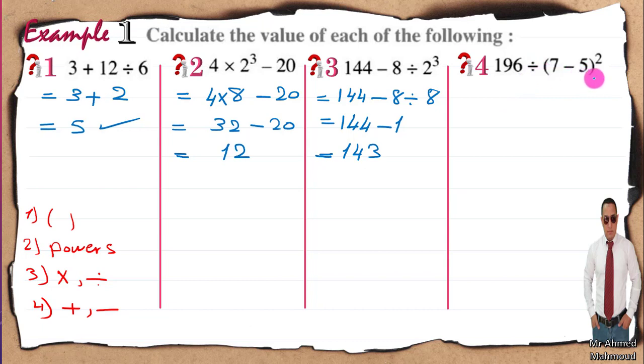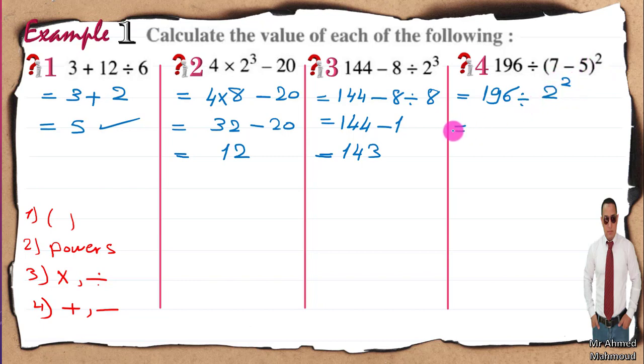Number 4. Here we have divided, I have brackets, power, and minus. First step, I'm going to evaluate the brackets. Then power, then times, divided, plus, minus. So I have 196 divided by 7 minus 5, again 7 minus 5 equals 2, and here 2 is to the power of 2.